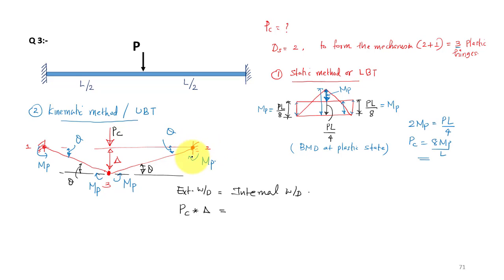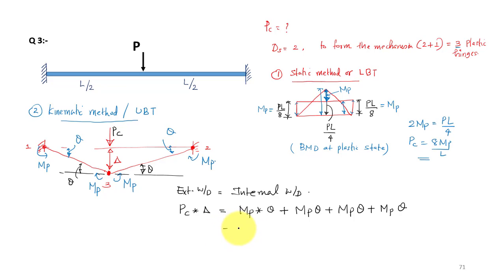At this plastic hinge, MP into theta, plus again this plastic hinge MP into theta, plus when I come to this plastic hinge, I have MP into theta here and MP into theta here also. So you can write MP theta plus MP theta.